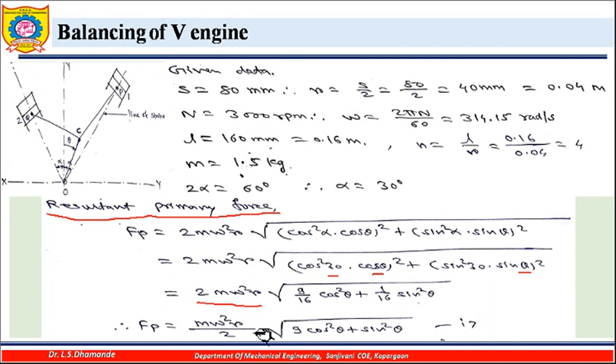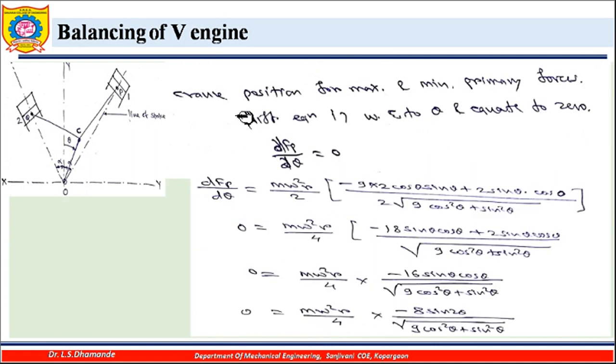Now if you take this 16 outside of the bracket and simplify, it becomes m omega square r by 2, under root of 9 cos square theta plus sin square theta. Then the crank position for maximum and minimum primary forces, that you have to find out.